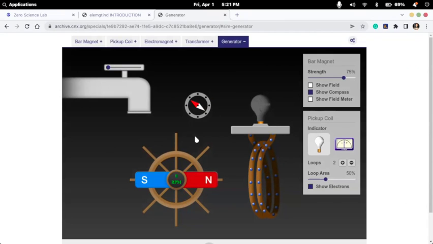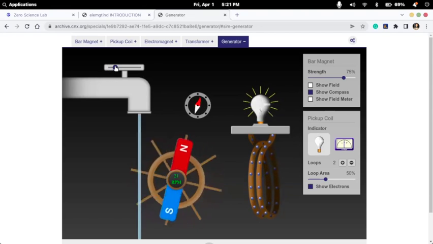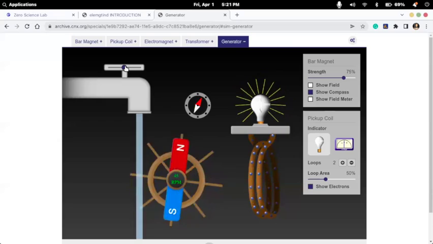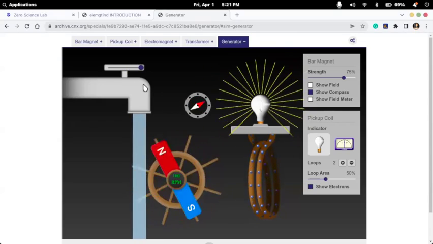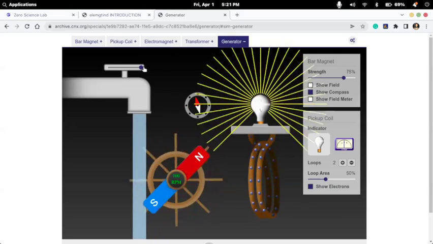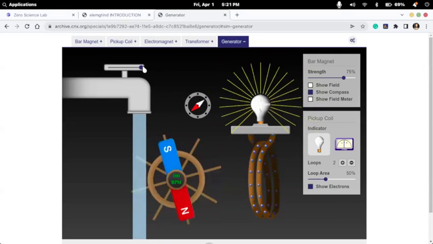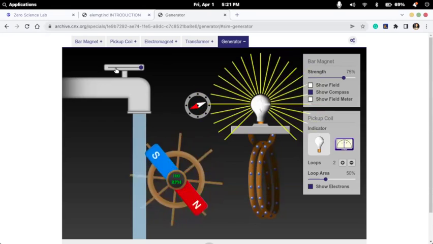Yes, sir. Okay, this is the magnet, right? This is the coil. Is it visible? Yes, sir. Now what I do is I rotate the magnet. Right? Yes, sir. So this is how electricity is generated.